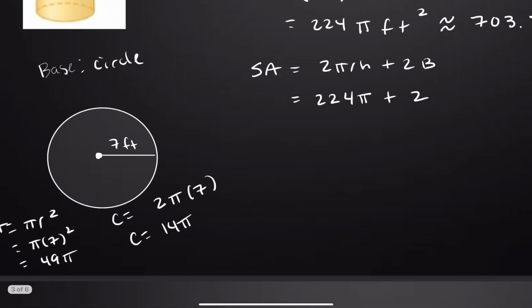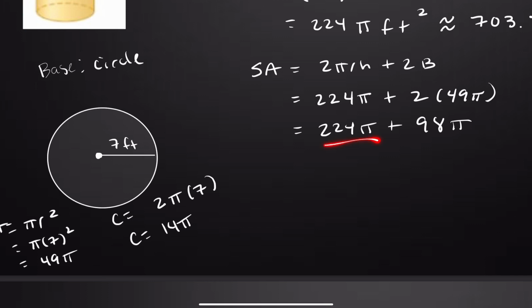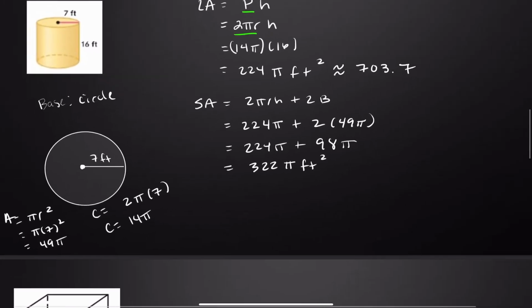So 2 times 49 pi. So I have 224 pi plus 98 pi. And just like I'm combining like terms, if I have 224 pi with 98 pi, if I combine those two, you get 322 pi feet squared. And that's my exact answer.